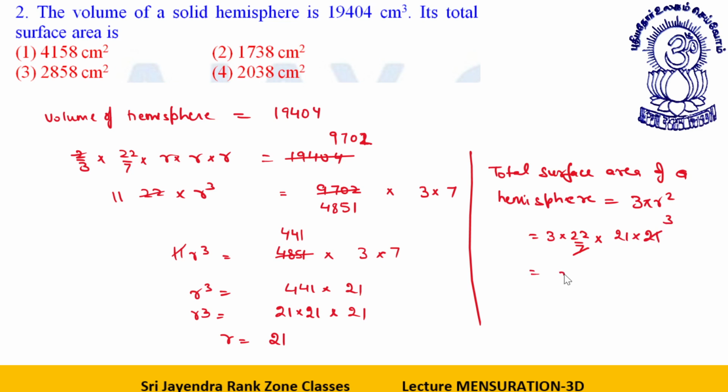So this is 3 into 3, 9 into 22 into 21, which will be 462. Now 462 into 9, I won't even solve it because as per the options, looking at the options, option number 1 is your answer. Okay, dear students.